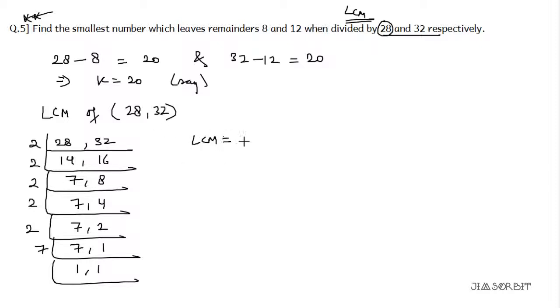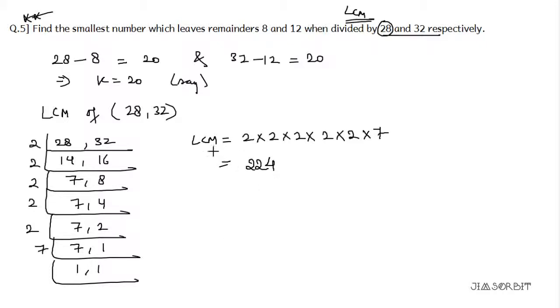The LCM is 2 into 2 into 2 into 2 into 2 into 7. So 2 to 4, 4 to 8, 8 to 16, 16 to 32, and 32 times 7 is 224. Please do check. I might be wrong, but please do check. Okay, 224, is it correct?